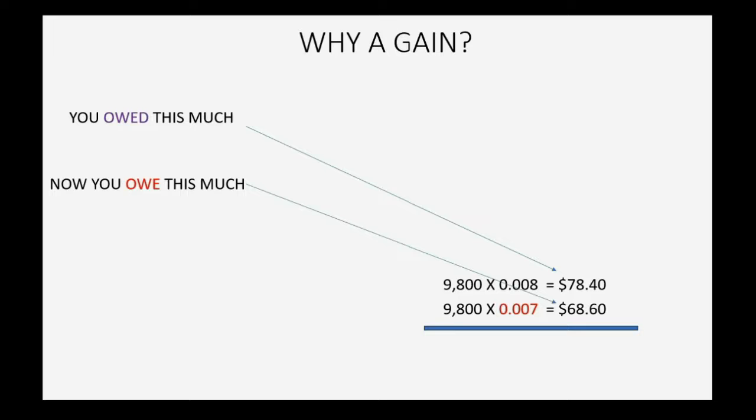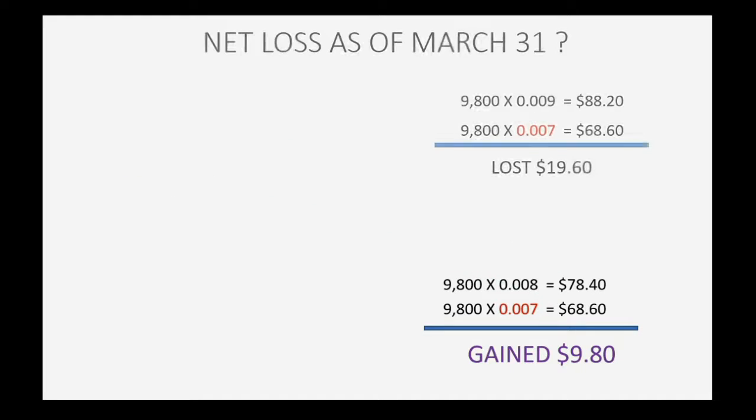On the date that you pay, you only owe 68 US dollars because of the decrease in the exchange rate. So that's why in the case of the credit card, you gained $9.80, even though your bank account lost $19.60. So what was the net loss?